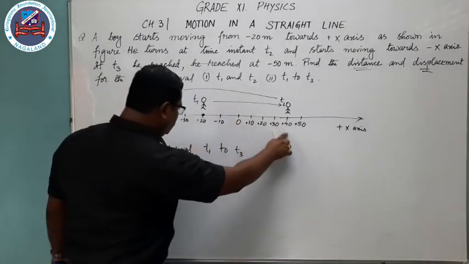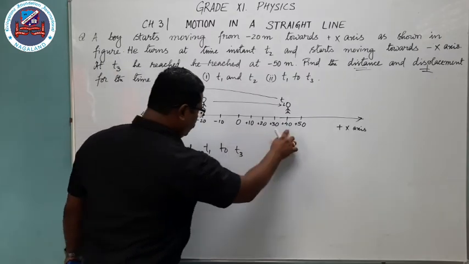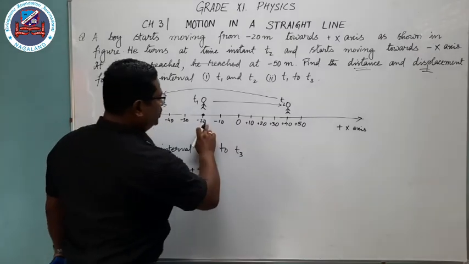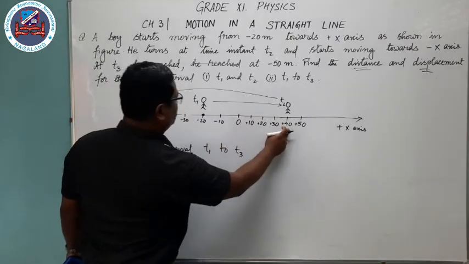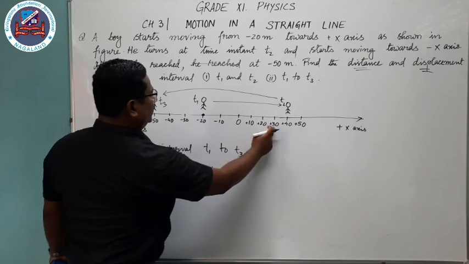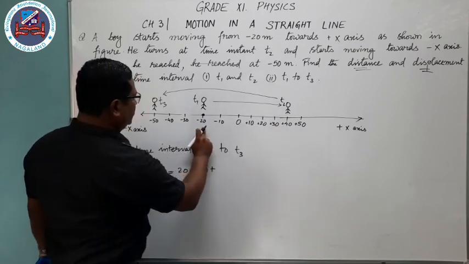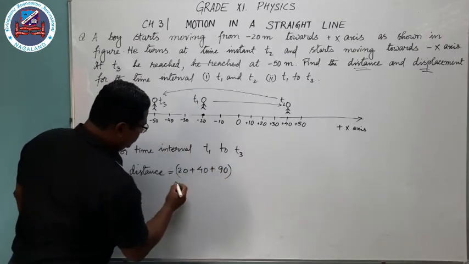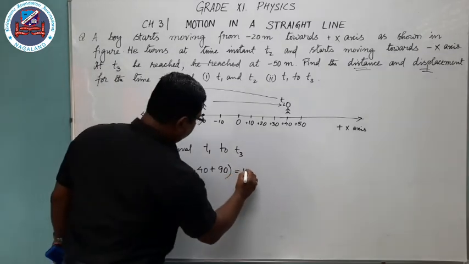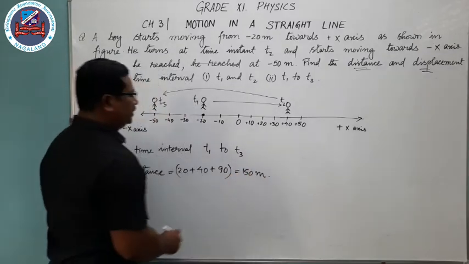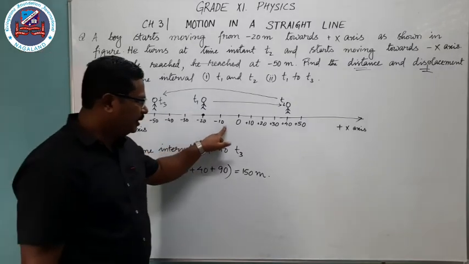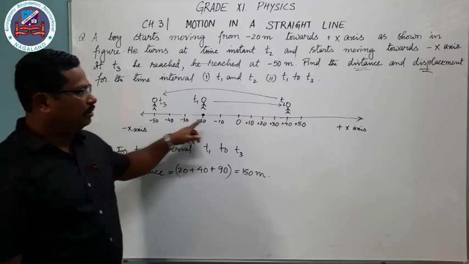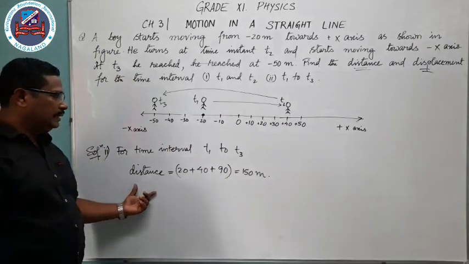So from t1 to t2 you already know the distance is 20 plus 40. Then from 40 again you can count 10, 20, 30, 40, 50, 60, 70, 80, 90. So it will come out as 150 meter. This is the total distance, the actual path traveled by the body. He has to come back up to here, so you have to take the whole path length to find the distance.